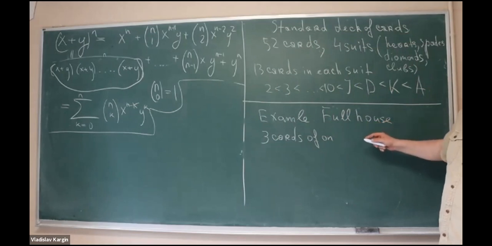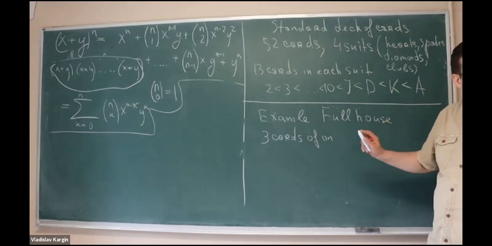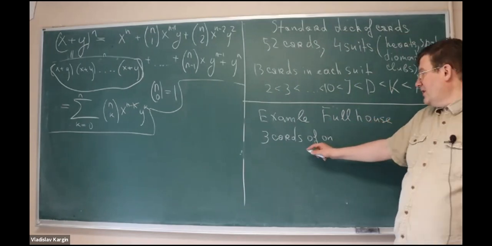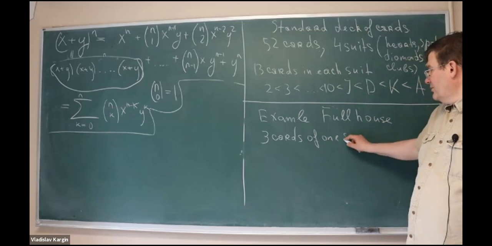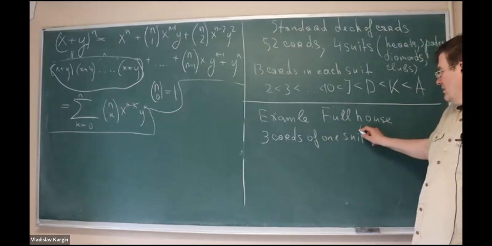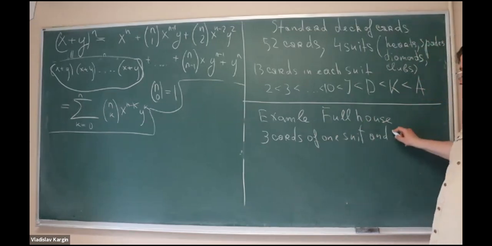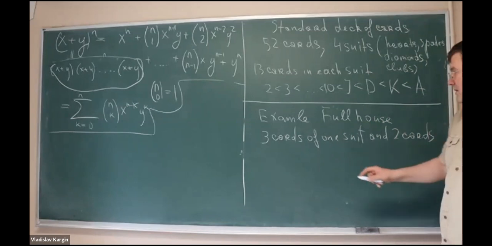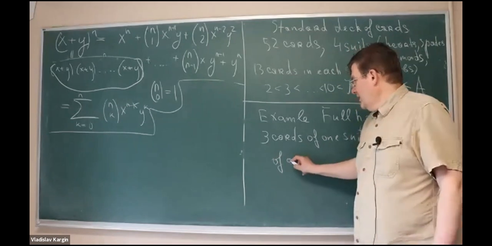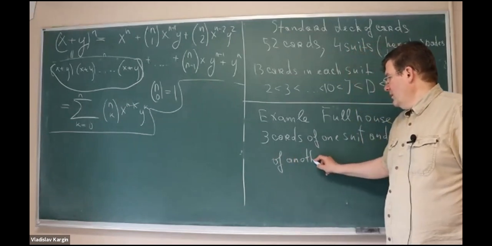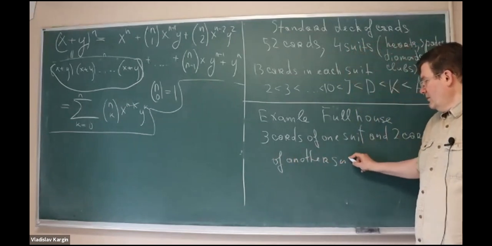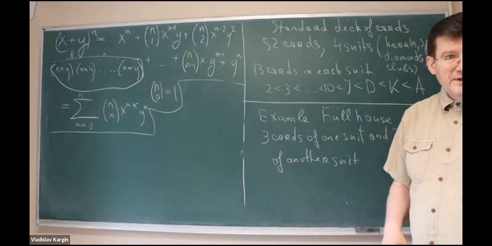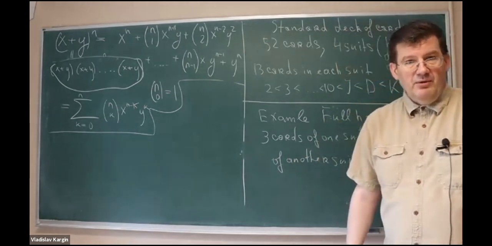If I'm not mistaken, you have a full house if you have 3 cards of 1 suit and 2 cards of another suit. And this has some value.